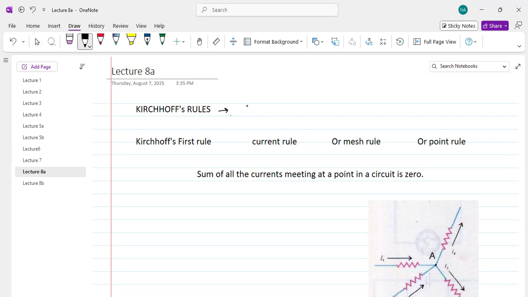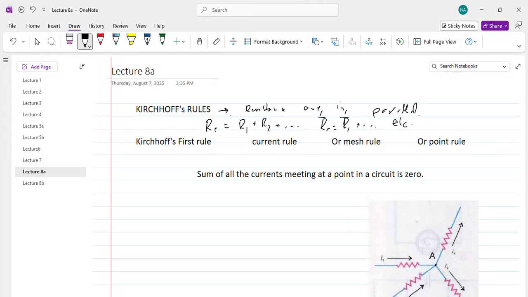For example, when resistances are in parallel, then the equivalent resistance is the sum of reciprocals of their resistances. If the resistances are in series, then the equivalent resistance is equal to the sum of all the resistances, etc.